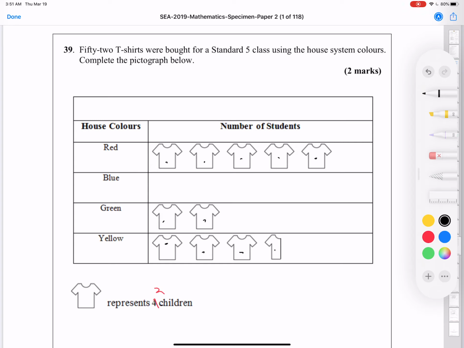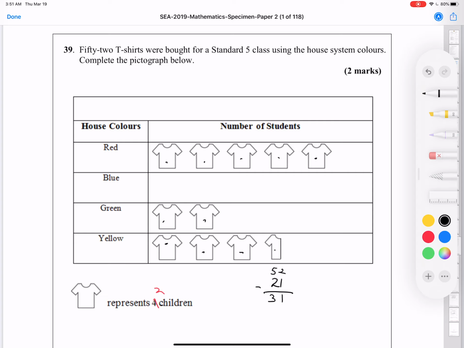Why did I say 21? Because if 1 represents 2, a half will represent 1. So 21 so far. 52 is the total. Let's minus 2, take away 1. 1, 5, take away 2, 3.